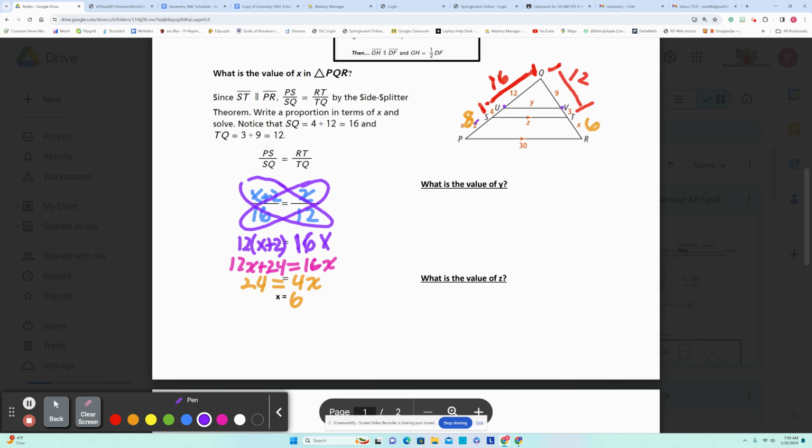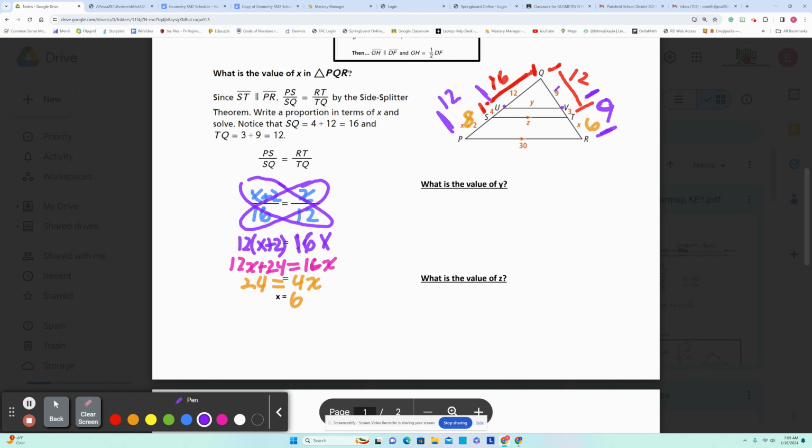If I add this up, I have 8 plus 4, which gives me 12. So P to U is 12, but that means U to Q is also 12. And if we look here, we have V to R, which is 3 plus 6, which gives us 9. And Q to V is also 9.